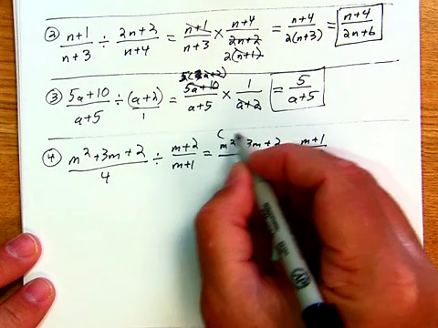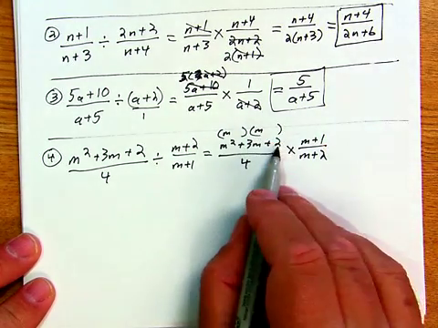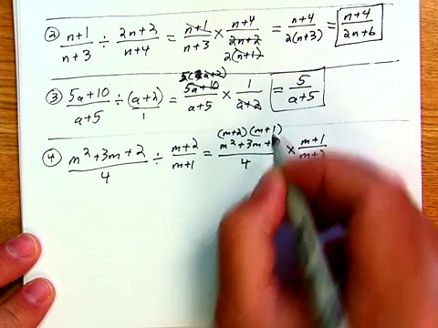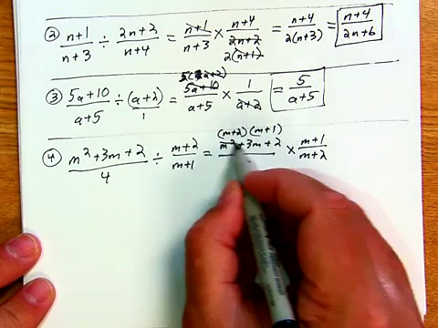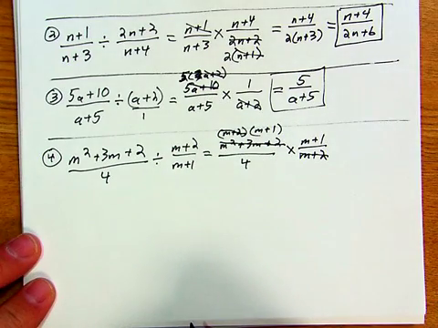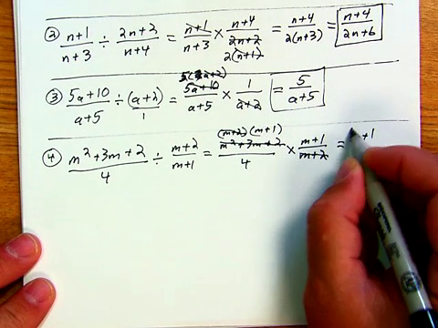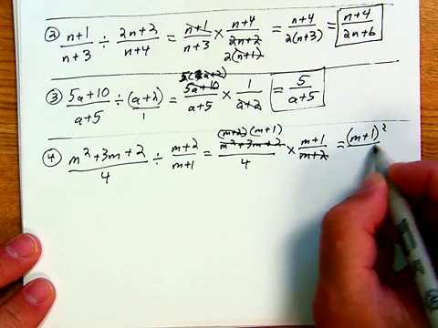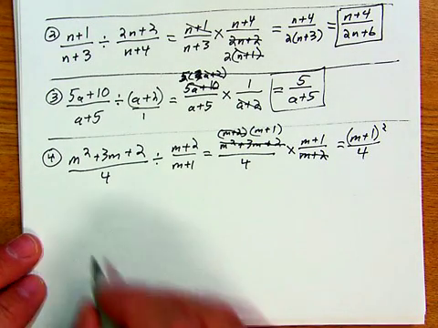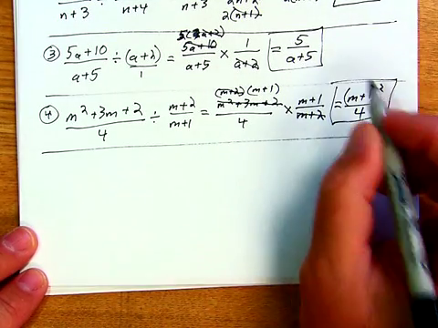Now I'm going to factor this top guy, m and m, and 2 times 1 adds up to 3. There's my two numbers, so this has been factored. Now m plus 2 and m plus 2 cancel out. I'm left with m plus 1 times itself, so squared, all over 4. That's the answer.